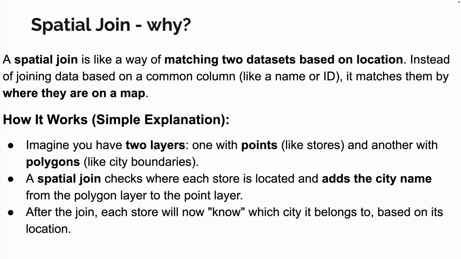So if you have two layers, one with points like storefronts or grocery stores, and another with polygons like city boundaries or neighborhoods, you can check where each store is located and add the name of the city, borough, or neighborhood to the point layer on the basis of the polygon. Afterwards, each store will know in which city it is, and it's all based on the location.